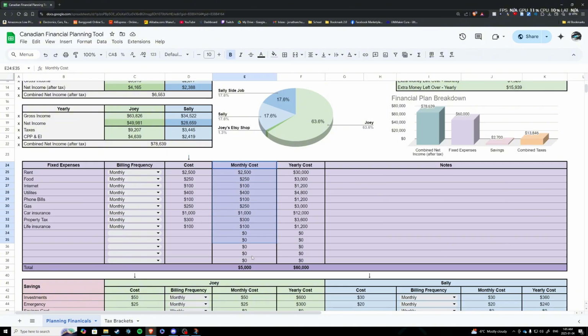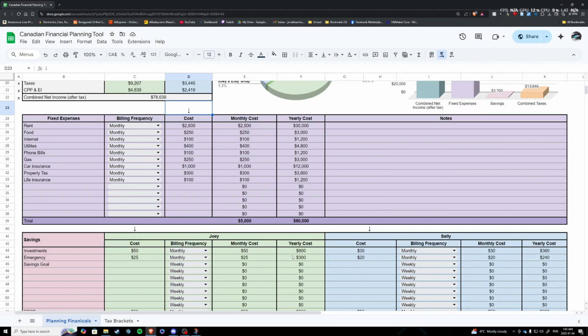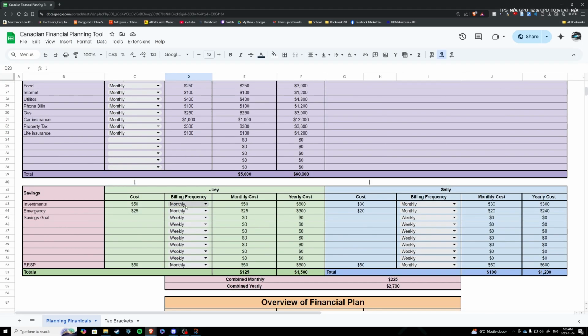And both these sections show you like the monthly and yearly breakdown and the summation of each of these columns. So monthly, it's the guy's got to make over $5,000 and over $60,000 annually. That being said, we're moving on to our next section.